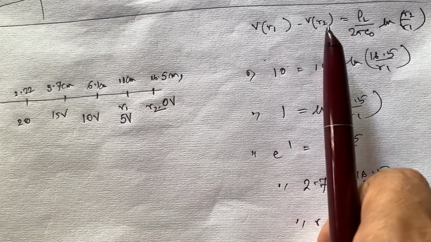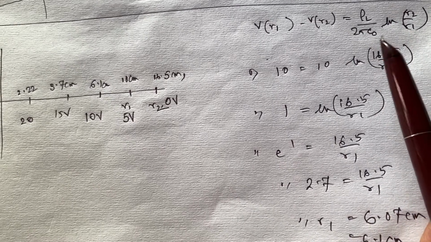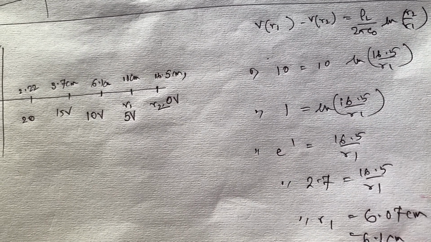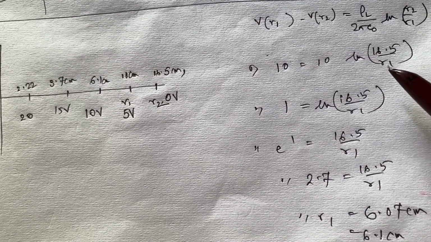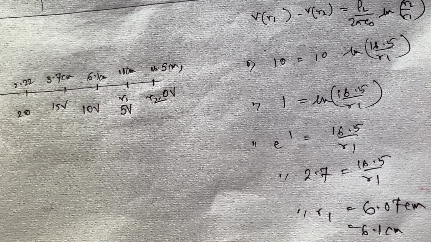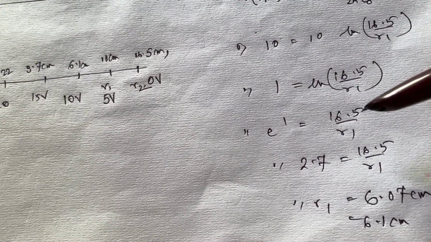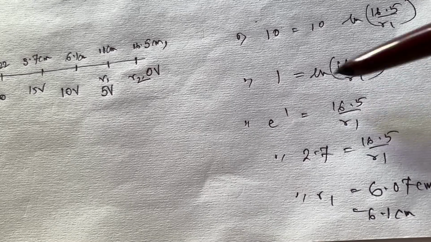So V R1 minus V R2 must be equal to 10 volt. Rho L by twice pi epsilon 0 is already taken to be 10 volt. R2 is fixed, which is equal to 16.5. Now I need to calculate R1. So I have put all the values here. From this I have to calculate R1.